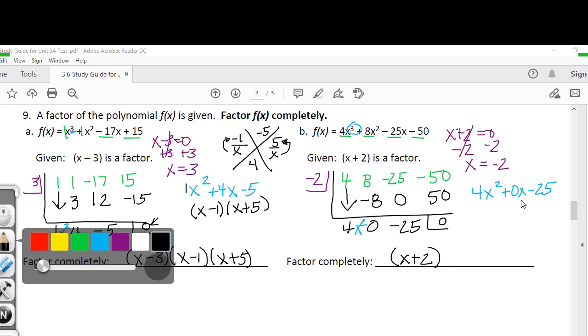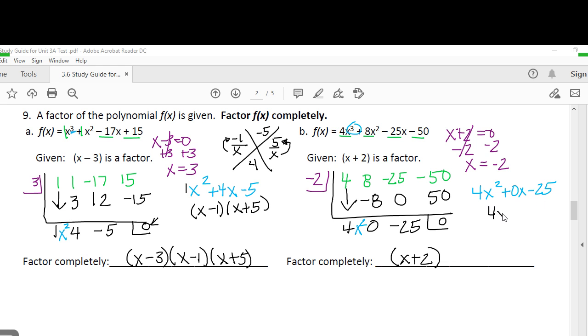Or 0 times x is 0, so this is actually 4x squared minus 25, which I can factor by dots. So this is going to be 2x minus 5 and 2x plus 5. So my final answer, factored completely, is x plus 2 times 2x minus 5 times 2x plus 5.